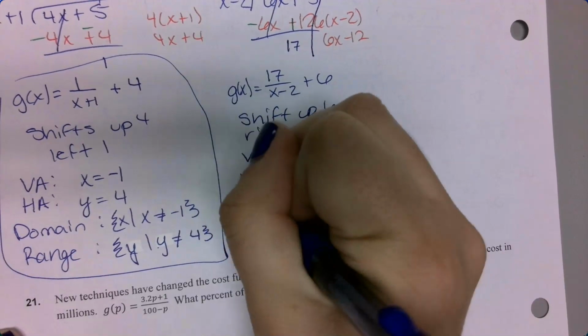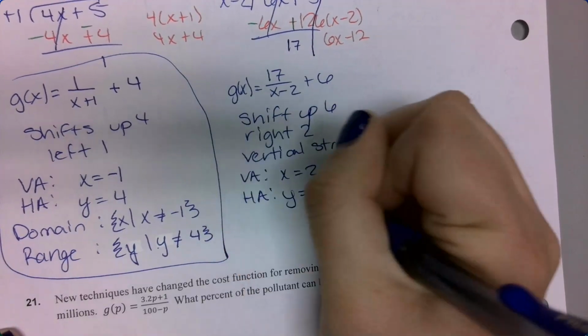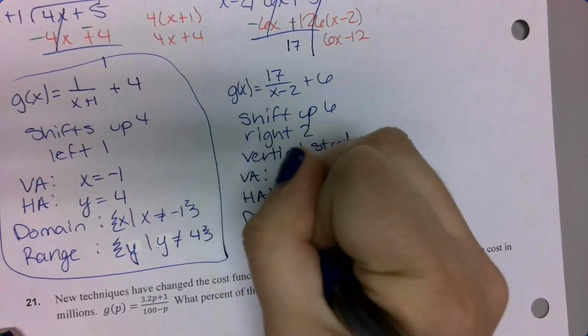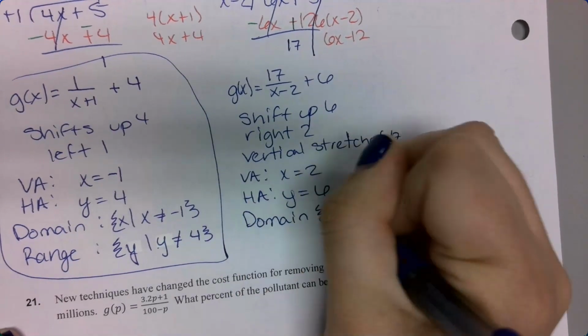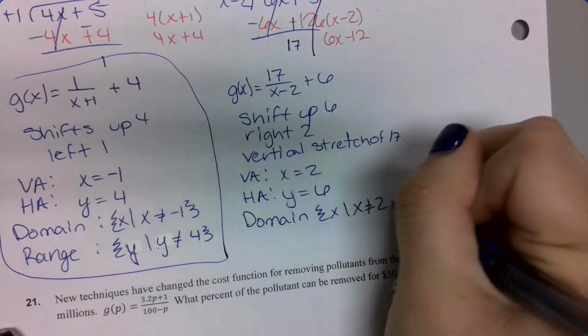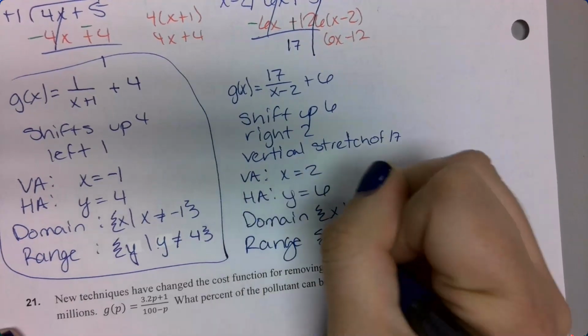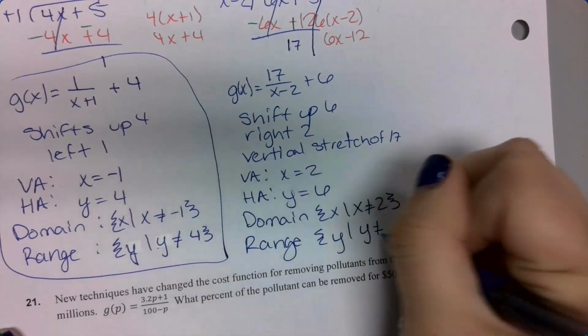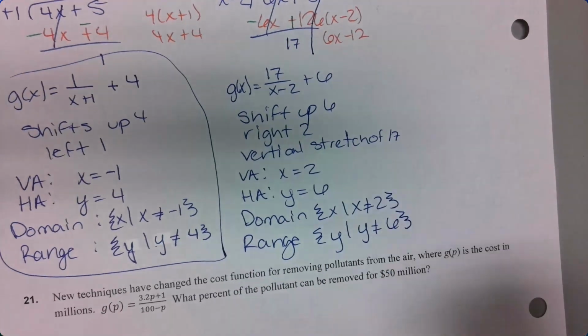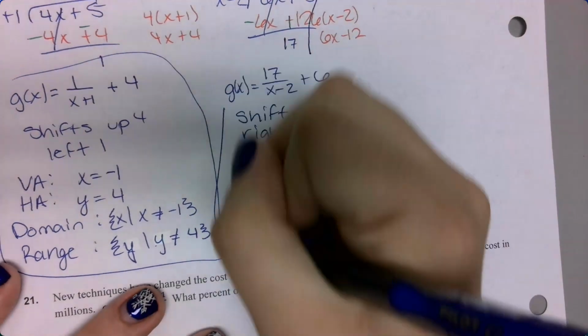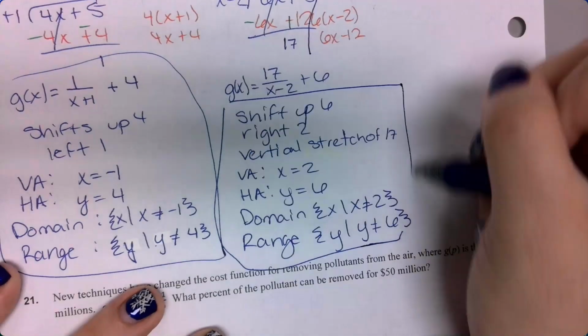My horizontal asymptote is y equals 6. My domain is x such that x can't equal 2. My range is y such that y can't equal 6. So this is that.